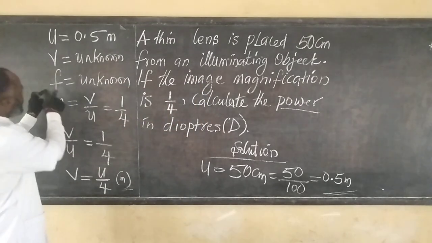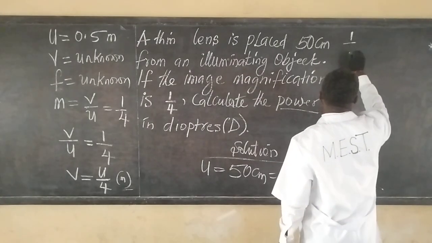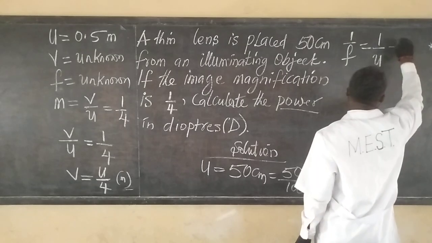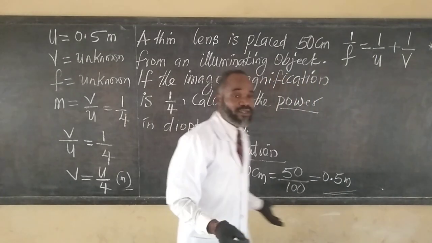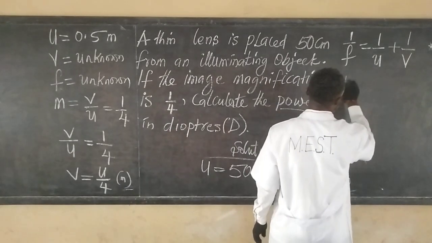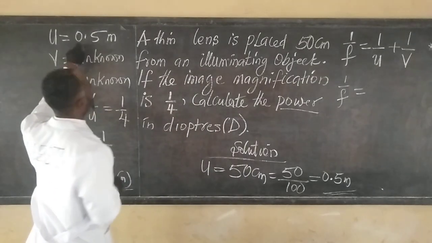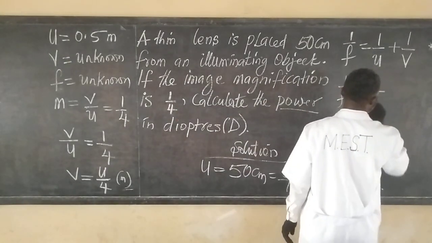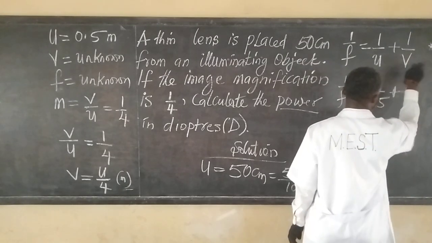The next thing is we define the focal length. It becomes 1/f equal to 1/u plus 1/v. Good. So the next thing is to substitute. 1/f is equal to, what do we have as our u? We have u as 0.5, so 1/0.5 plus, what do we have as v?